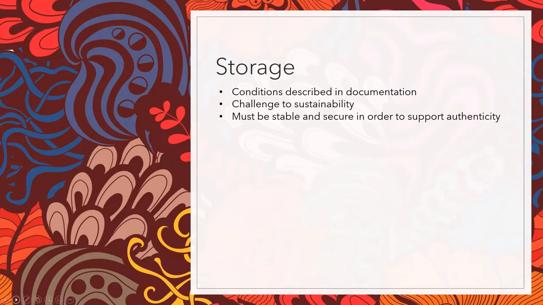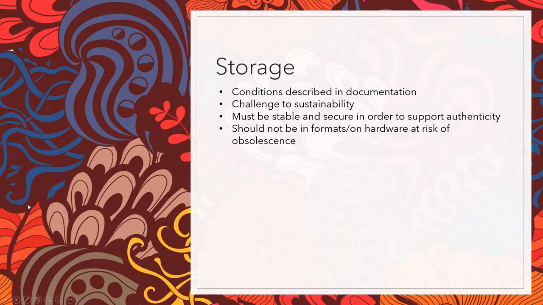So you can really get down in the weeds and have really specific conditions for your storage that again are going to result in storage that is stable and secure and will at least slow the process of decay present in every type of record.